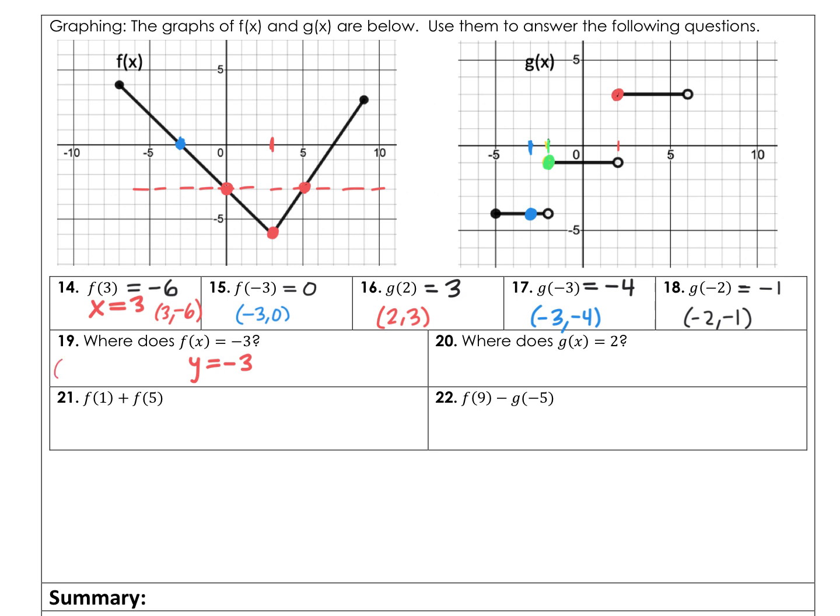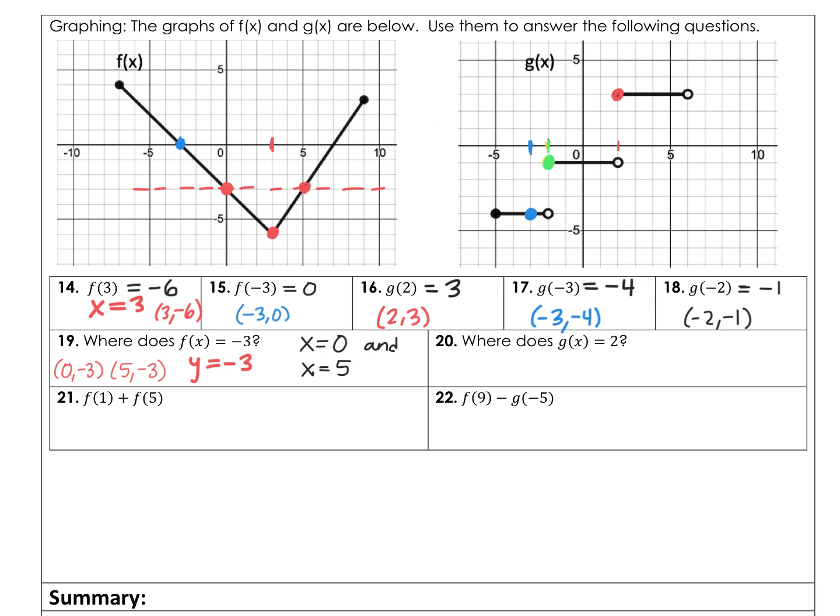So we have 0, -3, and 5, -3. Again, it's asking where does f of x equal -3, so you already have the output, you want the input. The answer then would be when x is equal to 0 and x is equal to 5. Both places. Because those are my x values here, 0, 5.